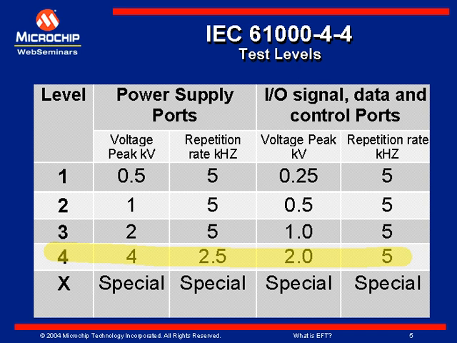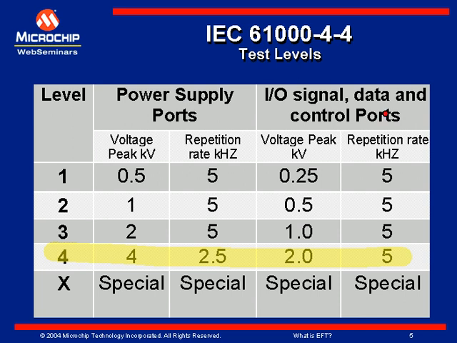Now, when we are doing this testing, depending on where you apply the noise, there are two separate voltage levels. First, you do your testing mainly on power supply ports. So if you inject this noise on line and neutral, then you need to use the 4 kilovolt peak level. But the same noise can be given to an IO signal, data or control ports.